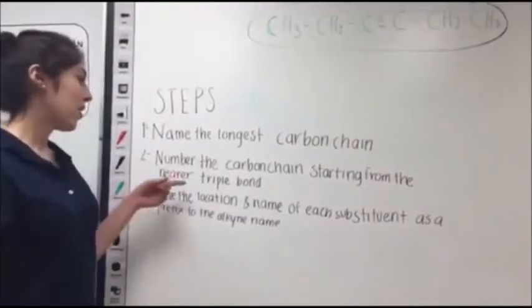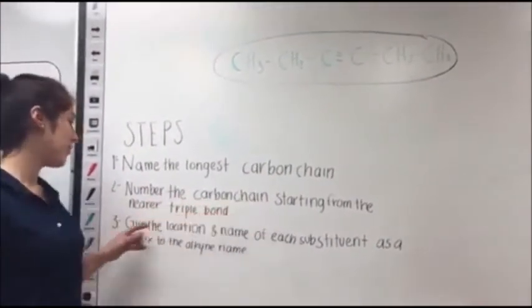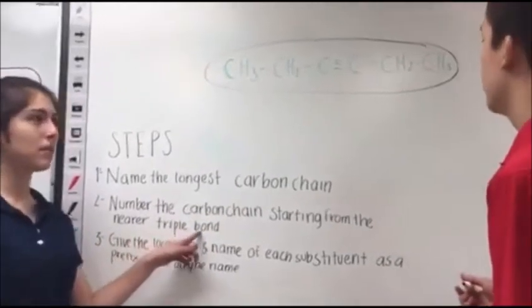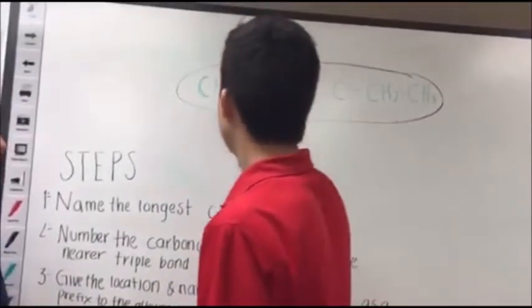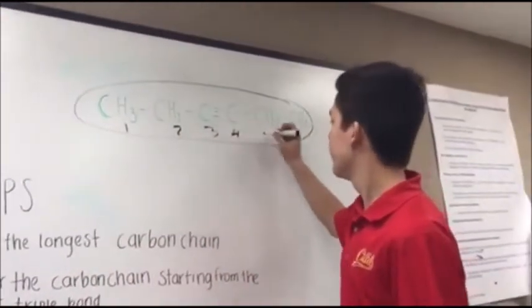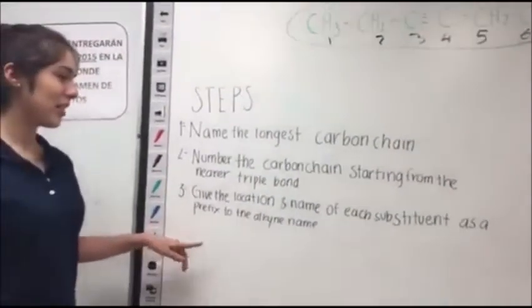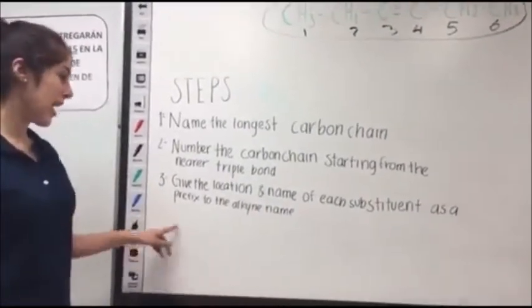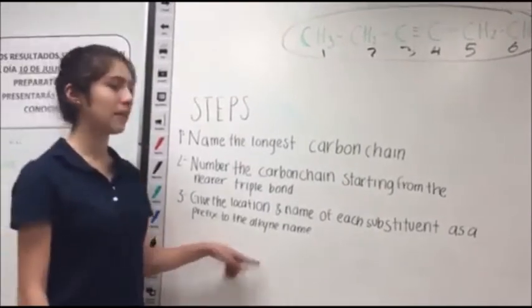Correct. Now, number the carbon chain starting from the near triple bond. Correct. Now, give the location and name of each substituent as a prefix to the alkyne name.